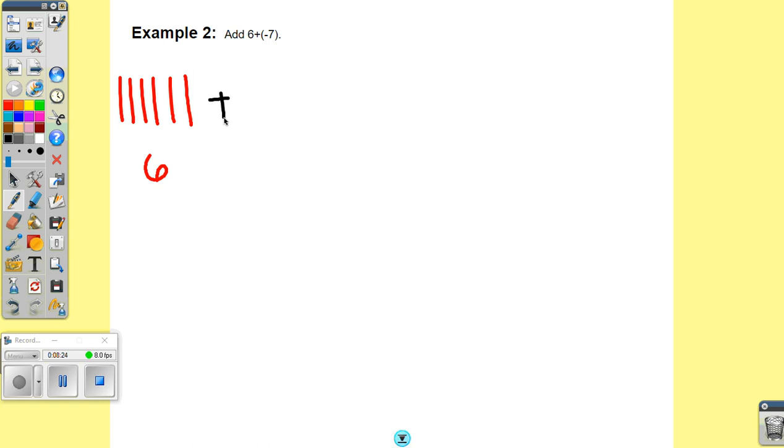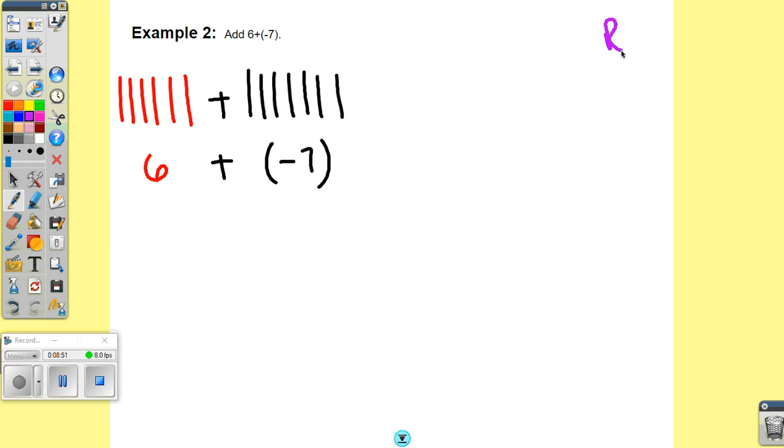And I'm going to draw that as well. So 1, 2, 3, 4, 5, 6, 7. So that represents my 7 popsicle sticks there. Okay, so this is the type of problem where we have 2 colors. We have some red popsicle sticks and we have some black popsicle sticks. So things are going to cancel out. So it goes back to that rule.